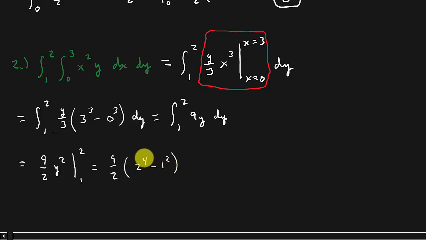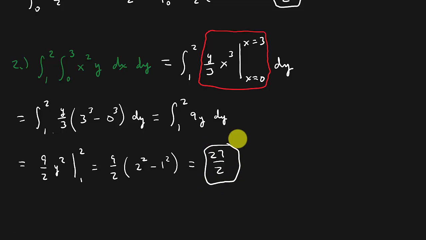I'm sorry, I have no idea why I wrote a 4 there. 2 squared minus 1 squared, and that's what? That's 4 minus 1 is 3, and 3 times 9, that's 27 over 2. We get the same thing, don't we? Whatever order we integrate them in.